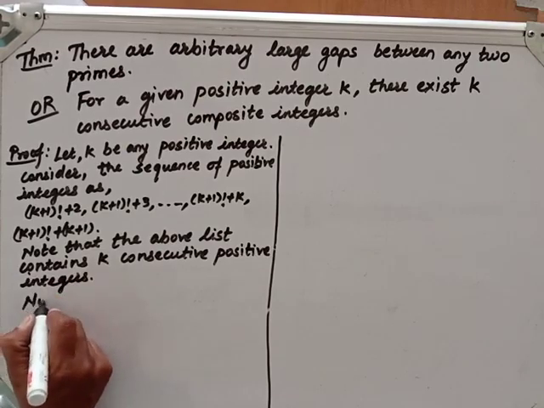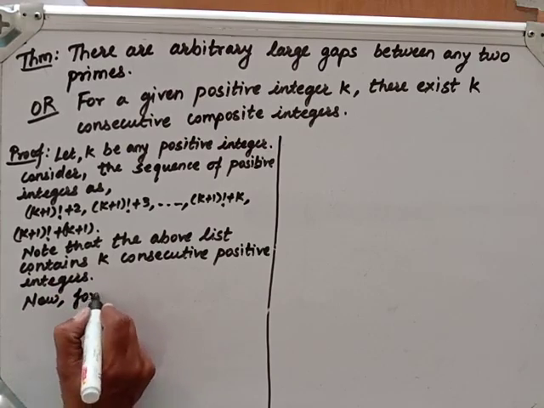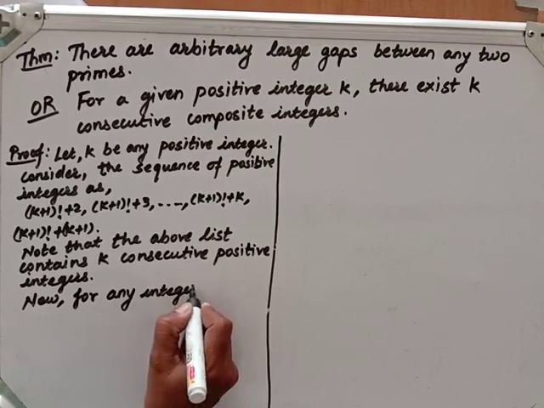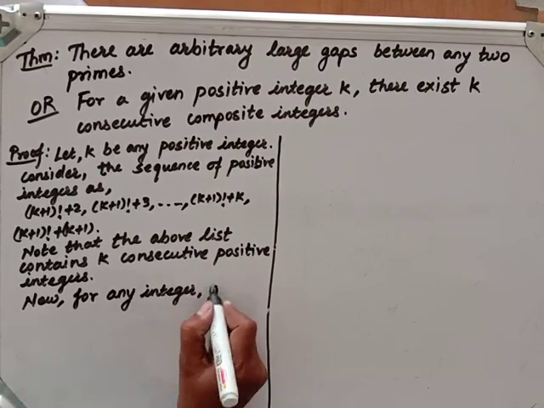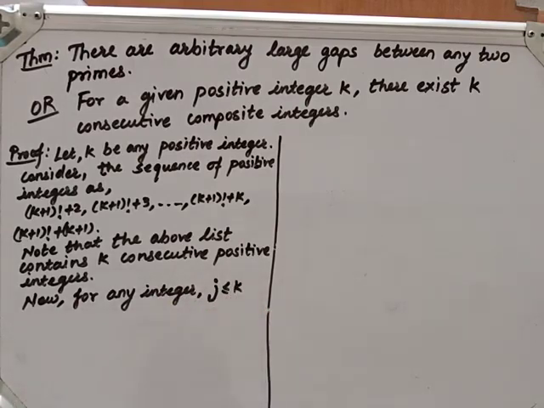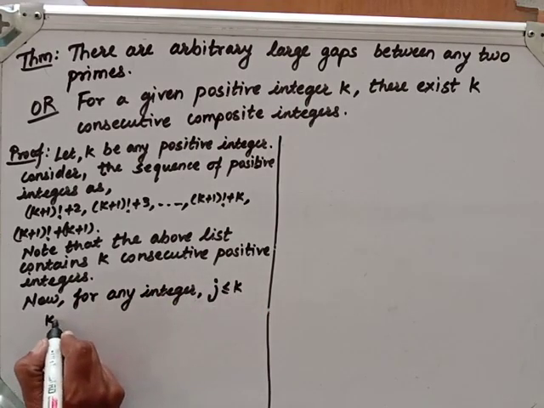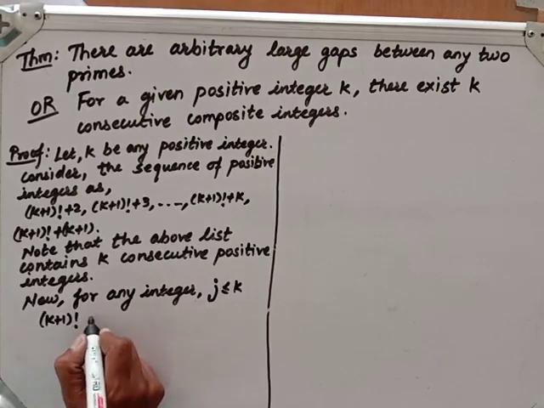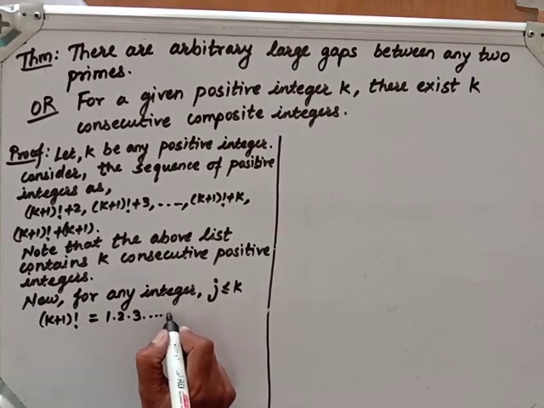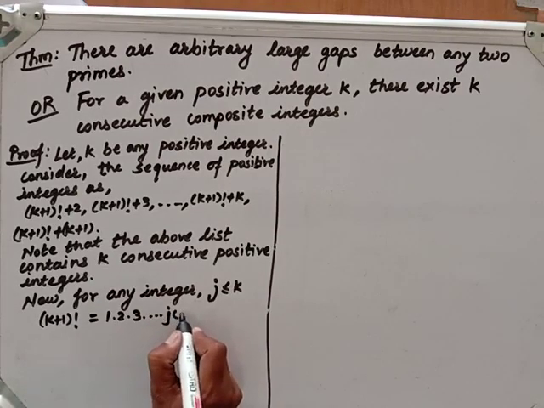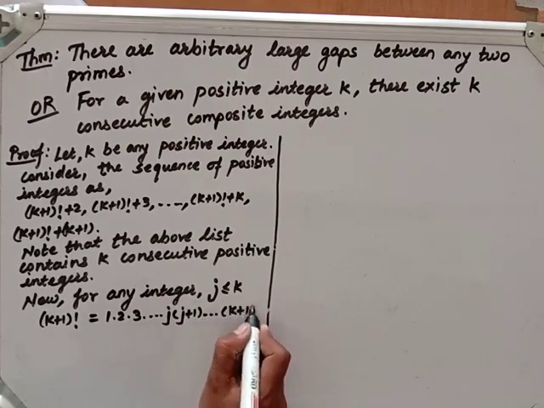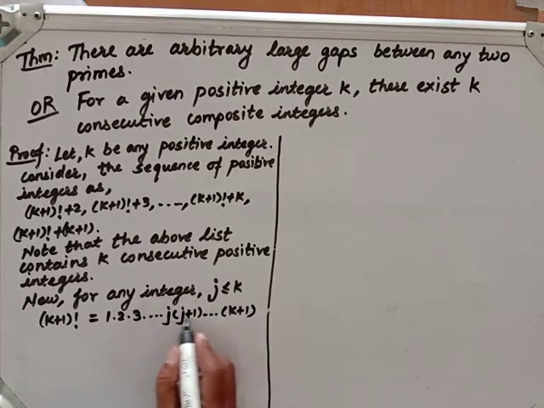Now for any integer j, suppose j is less than or equal to k. K plus 1 factorial is equal to 1 into 2 into 3 and so on up to j into j plus 1 and so on up to k plus 1. I am assuming j is less than or equal to k, so j will occur somewhere here.